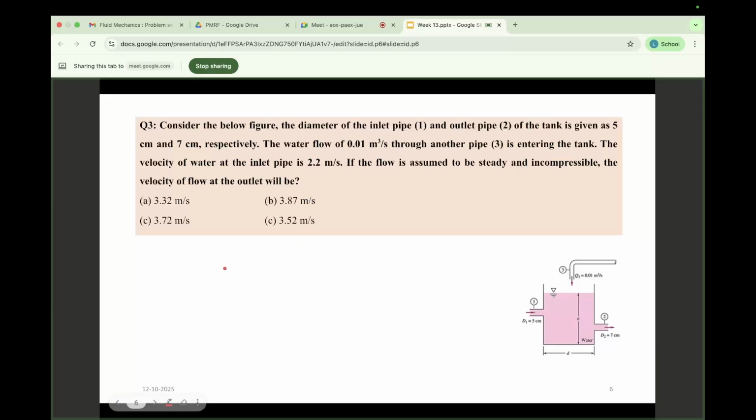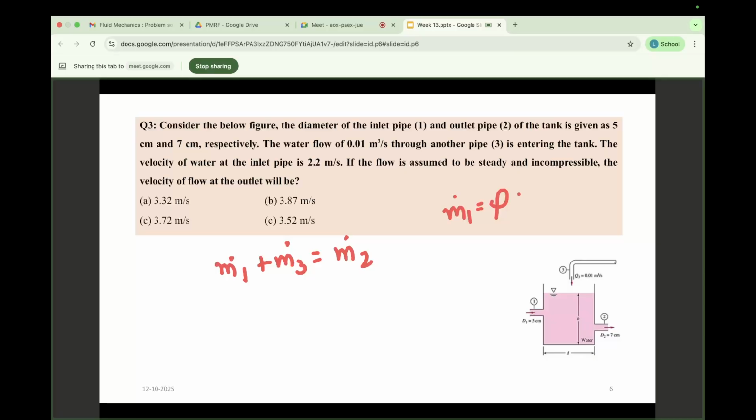Here, whatever mass is entering, M1 entering into the system plus M3 entering into the system is equal to M2. The total mass in the system should remain constant. This is the mass conservation equation. So what is M dot?